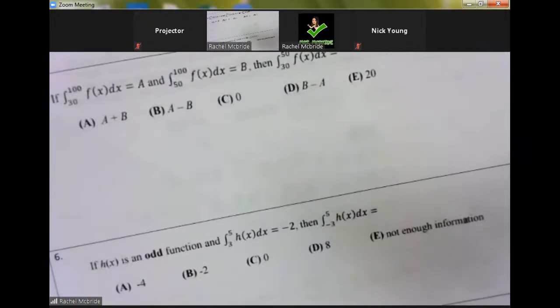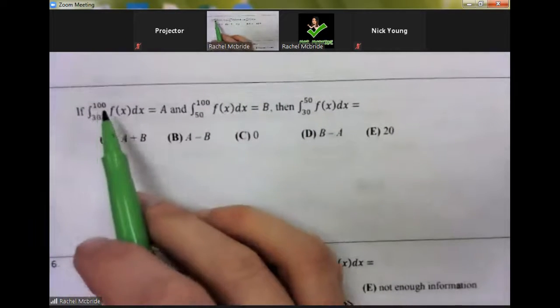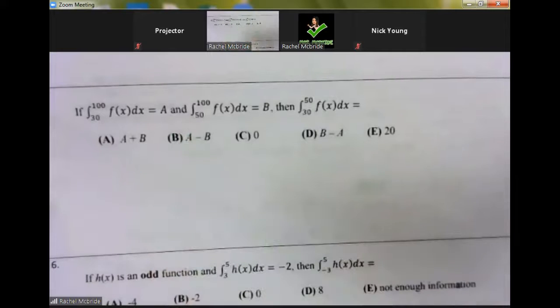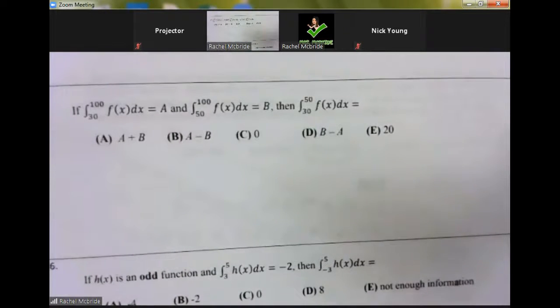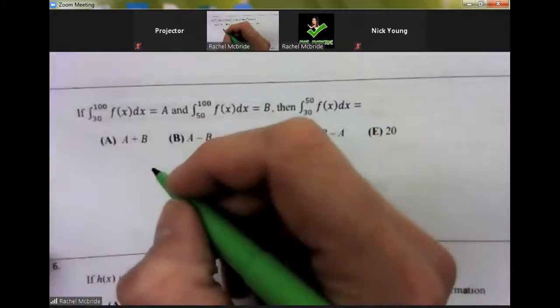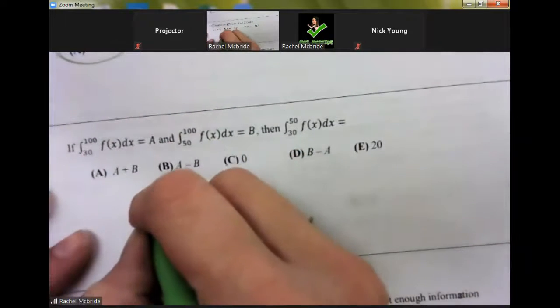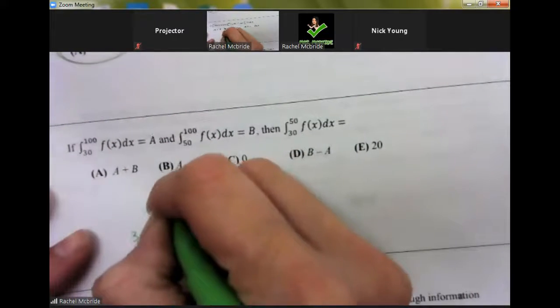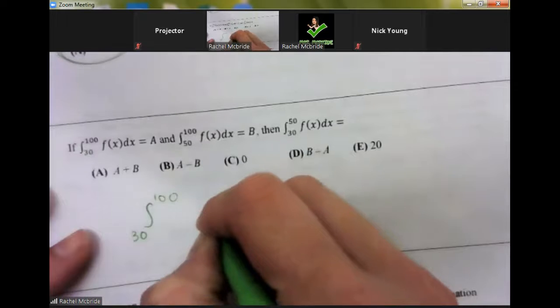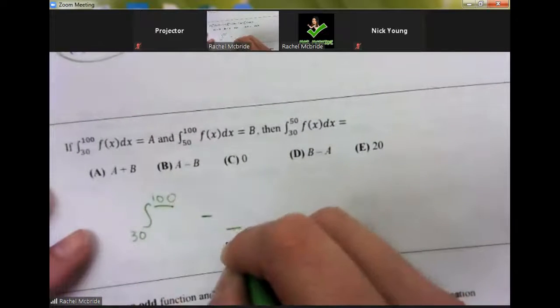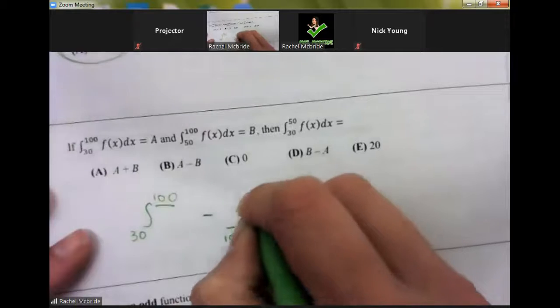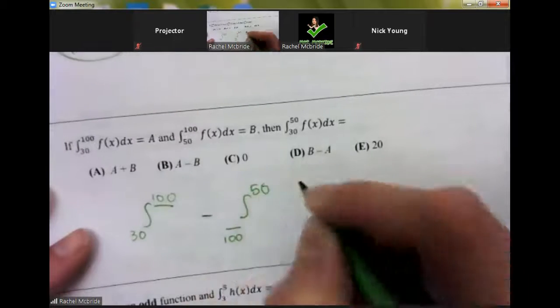And then number 5, if it goes from 30 to 100 is equal to A, and 50 to 100 is equal to B, 30 to 50 is equal to... So again, same idea, you would go 30 to 100 minus, and you're going to make the 100 match, so it would be 100 to 50.